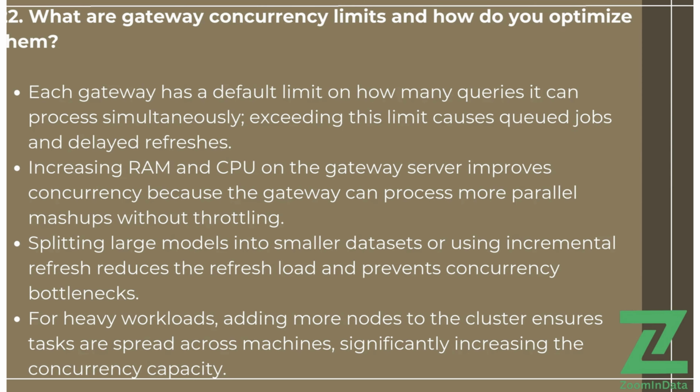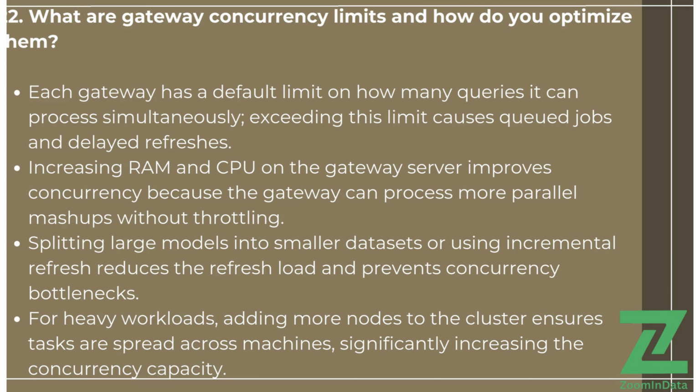22nd question. What are gateway concurrency limits and how do you optimize them? Each gateway has a default limit on how many queries it can process simultaneously. Exceeding this limit causes queued jobs and delayed refreshes. Increasing RAM and CPU on the gateway server improves concurrency because the gateway can process more parallel mashups without throttling.